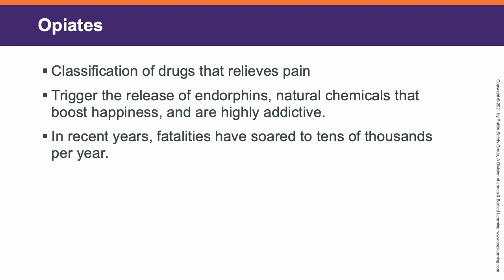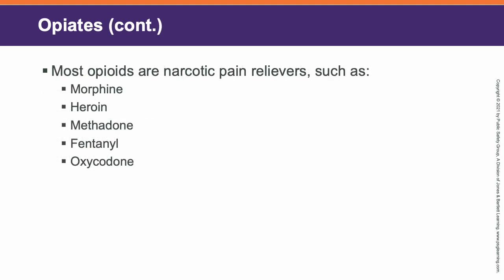And so they've been really focusing on helping educate people about that to not abuse them. Most opioids are narcotic pain relievers, like morphine, heroin, methadone, fentanyl, oxycodone, are just a few examples, but there are others.